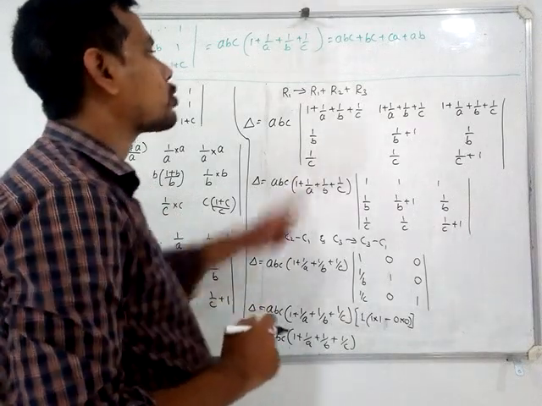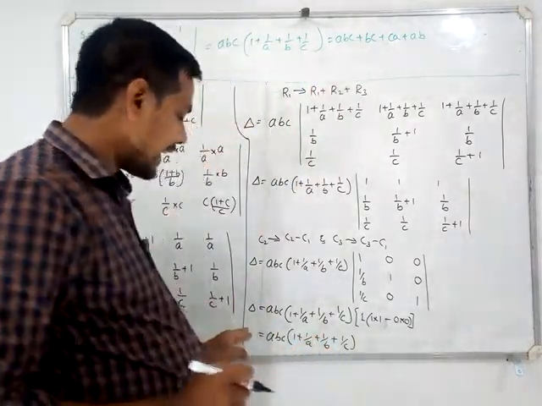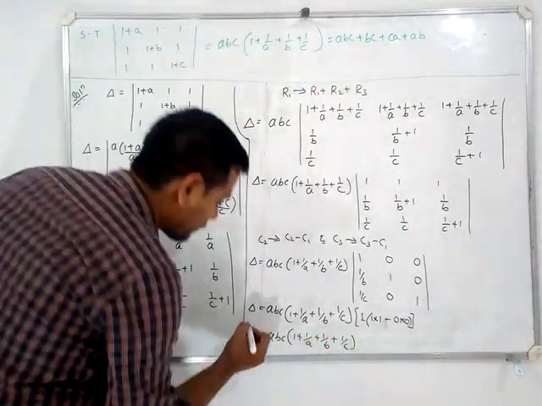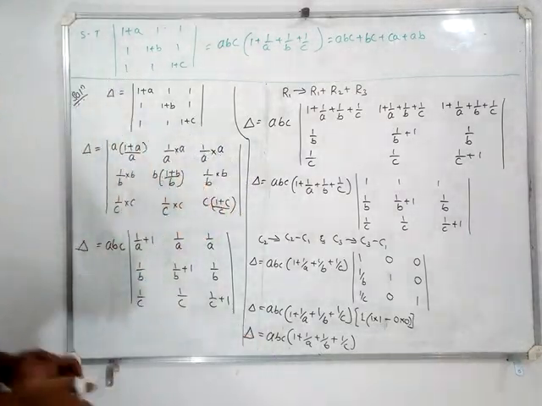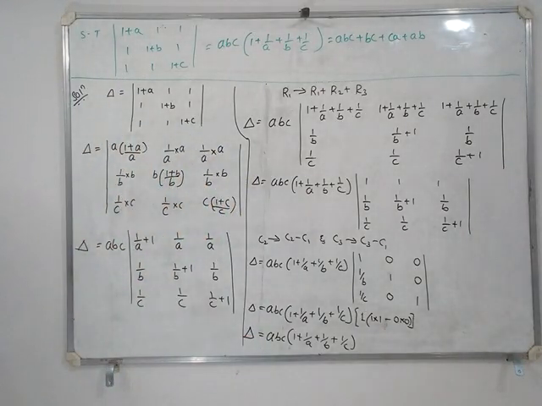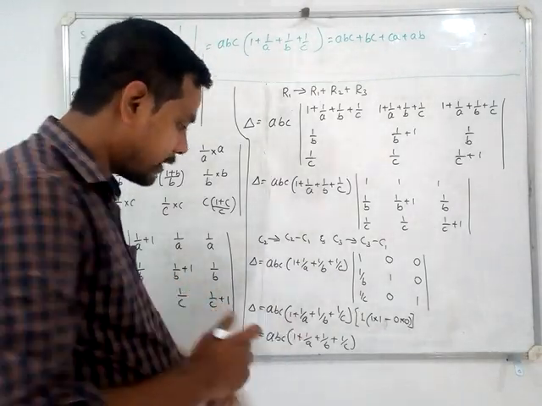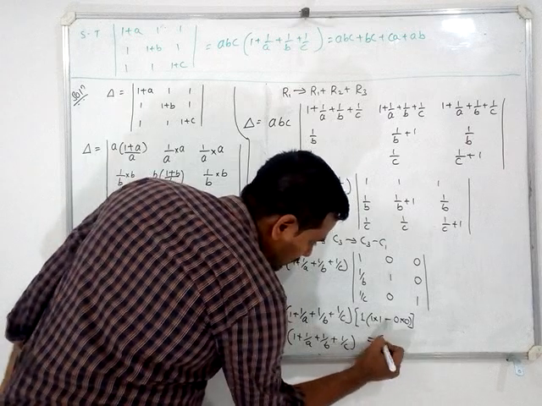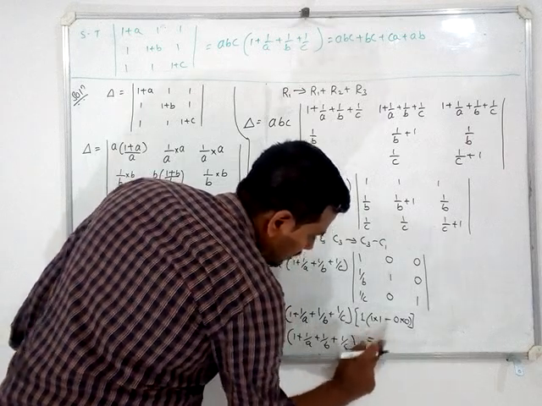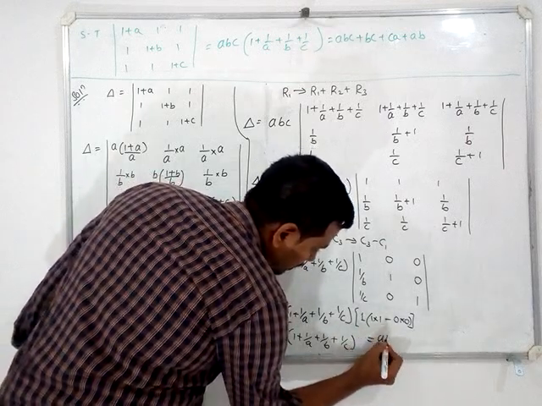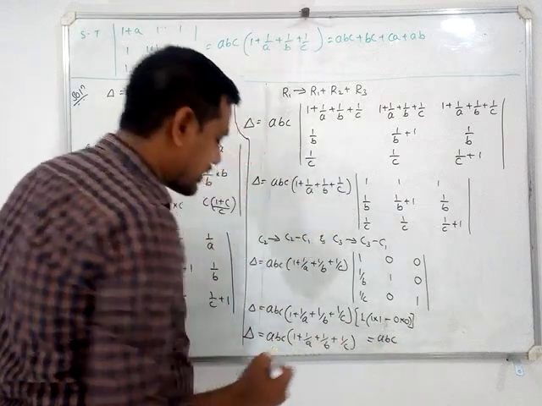Now this is to be proved. How? You take ABC inside. So if I take ABC inside, what will I get? ABC into 1 is ABC.